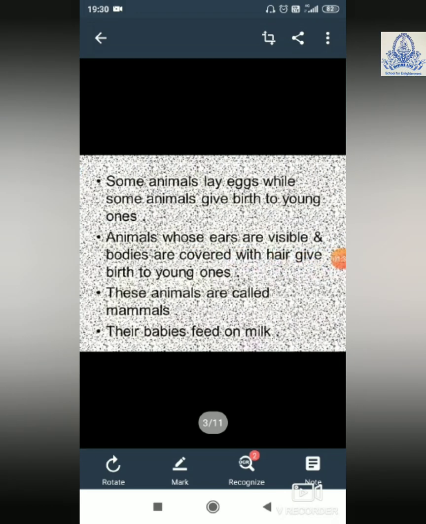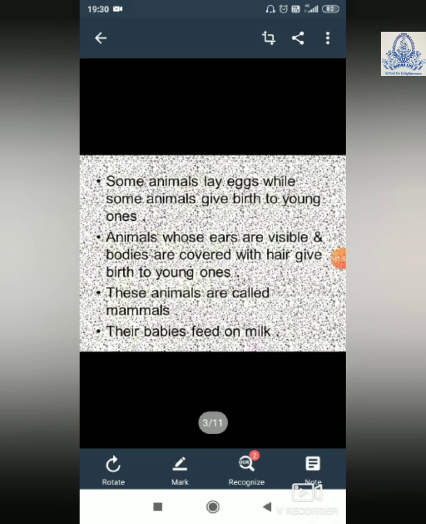Some egg laying animals lay eggs, while some animals give birth to the young ones. How can we identify which animal gives birth to the young one and which animal lays eggs? Animals whose ears are visible, for example elephants and dogs, and whose bodies are covered with hair, give birth to the young ones.